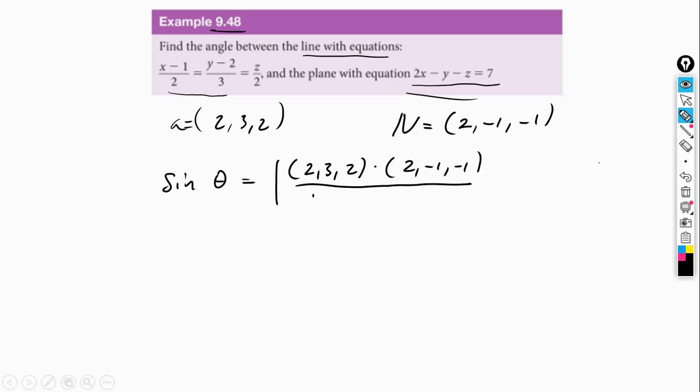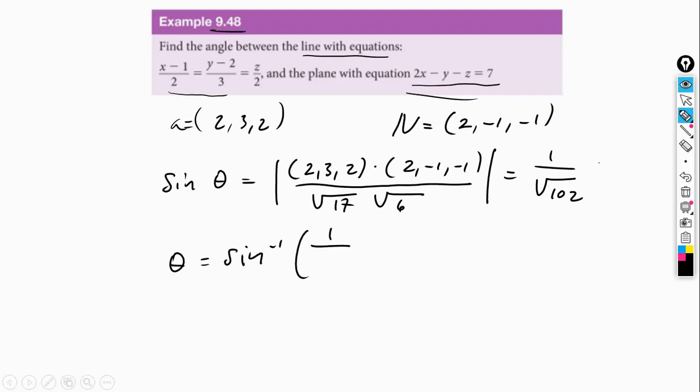So this is going to be square root of 17 times square root of 6. So here we're going to get 1 over the square root of 102. So that means that theta is equal to the inverse sine of 1 over square root of 102.